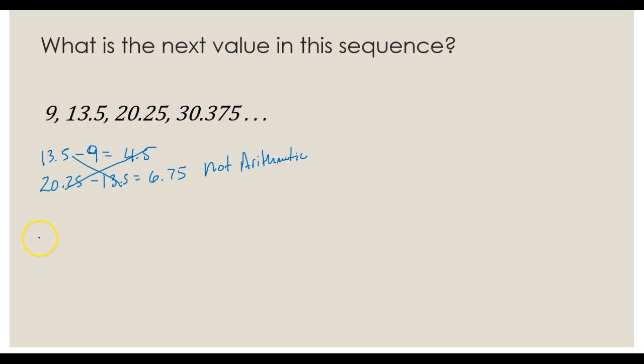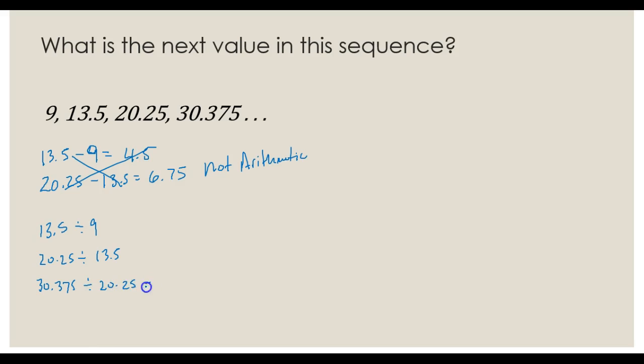instead of subtraction. And so I'm going to do 13.5 divided by 9, and then I'll do 20.25 divided by 13.5, and then I'll do 30.375 divided by 20.25.